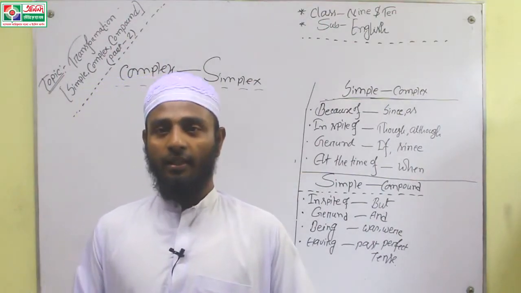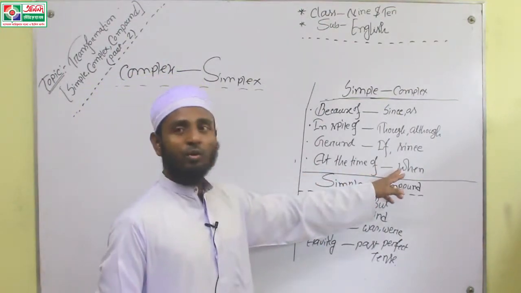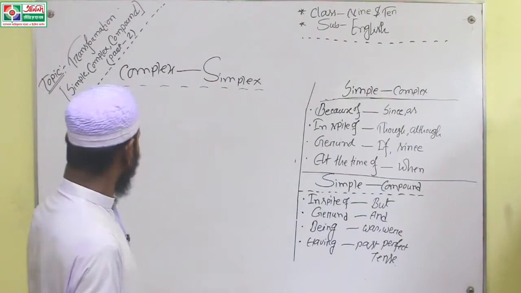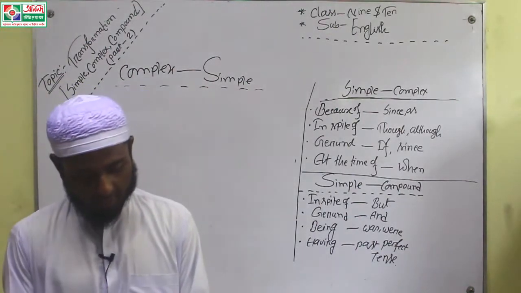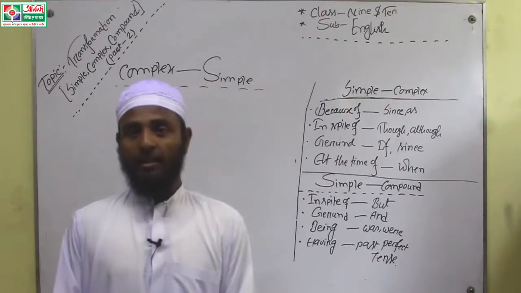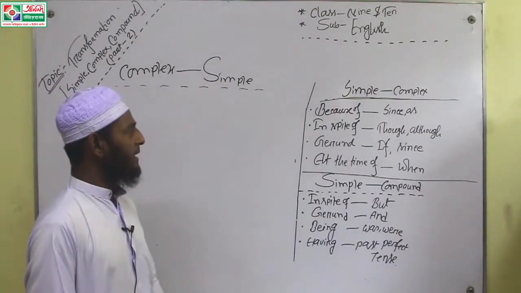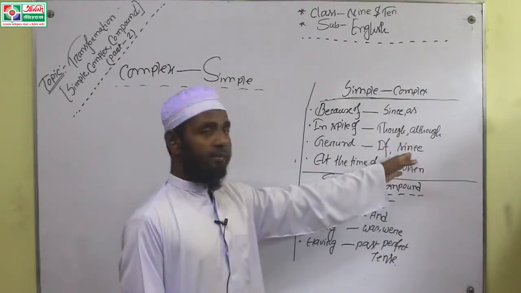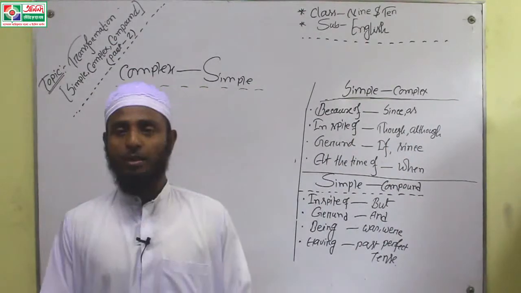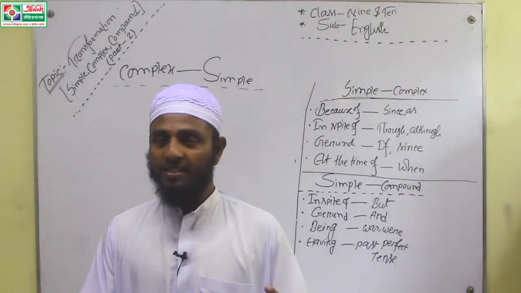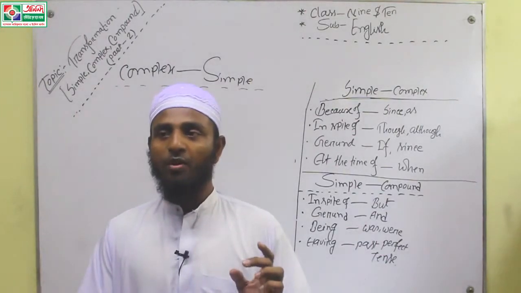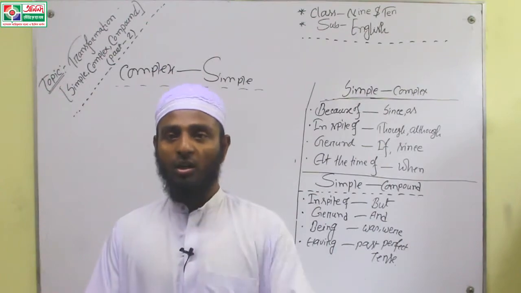Okay, that's at the time of will be when. Dear learners, if you change complex to simple, you have to bear in mind this is complex features and this is simple features. You have to bear in mind this all the time.